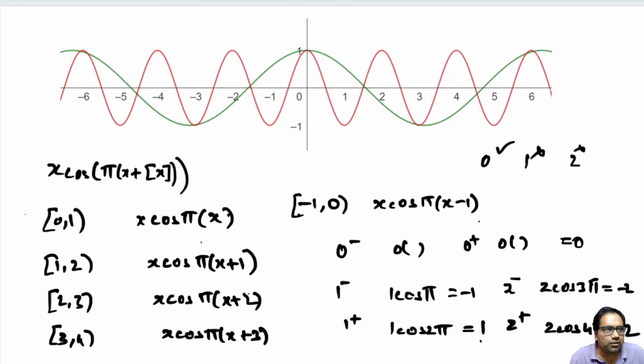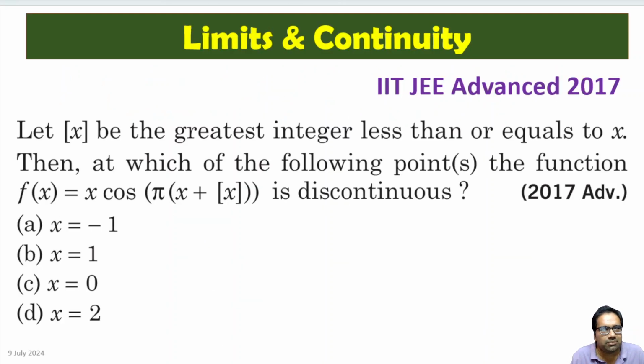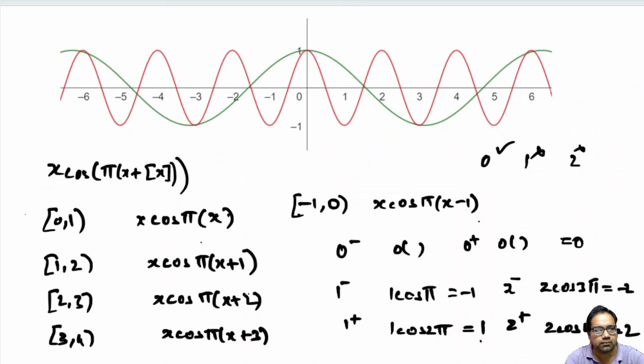Now, this is the algebraic way of looking at things. If we want to look at how the graph behaves, that would be interesting. First, let us understand, without the x, the graphs of cos(πx) plus 1, cos(πx) plus 2, cos(πx) plus 3, like this.